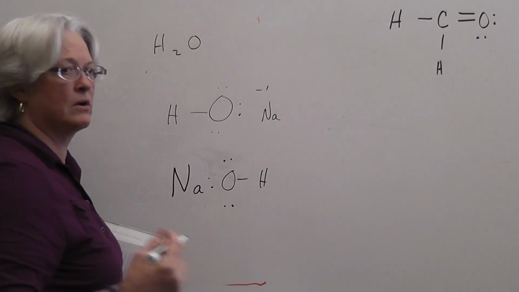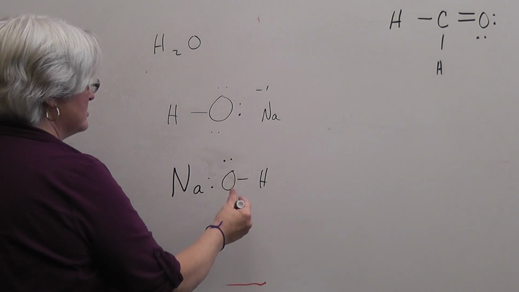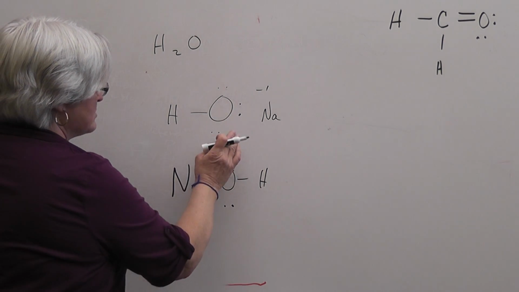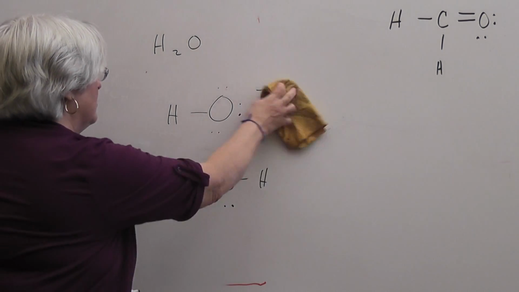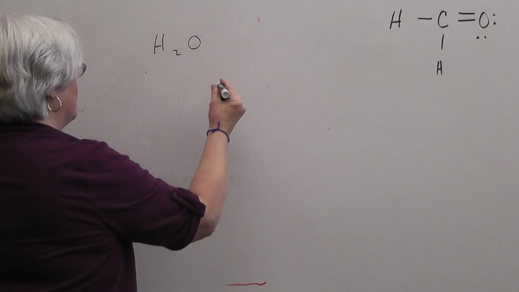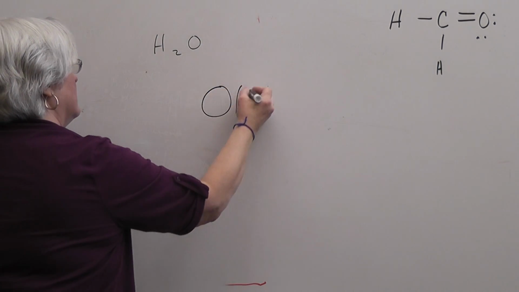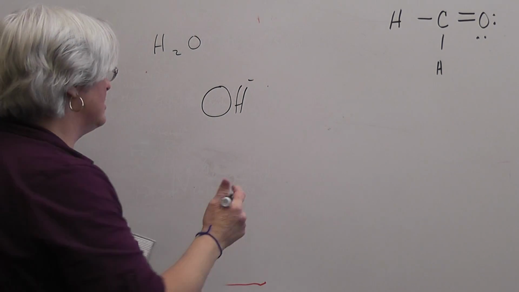You have what they call sodium hydroxide. So instead of just having an oxygen ion, you actually have this OH by itself, where it has a -1 charge. That's what they call a hydroxide ion. OH negative. It has a -1 charge.